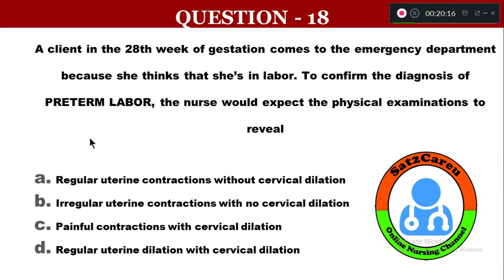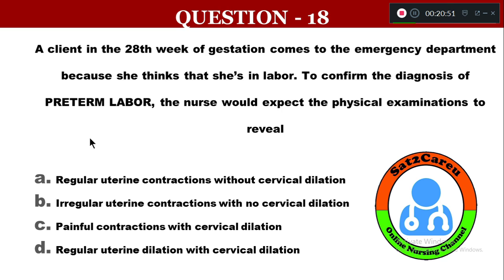Question number 18. A client with 28 weeks of gestation comes to the emergency department because she thinks that she is in labor. To confirm the diagnosis of preterm labor, the nurse would expect the physical examination to reveal option A, regular uterine contraction without cervical dilatation, option B, irregular uterine contraction with no cervical dilatation, option C, painful contraction with cervical dilatation, option D, regular uterine contraction with cervical dilatation.